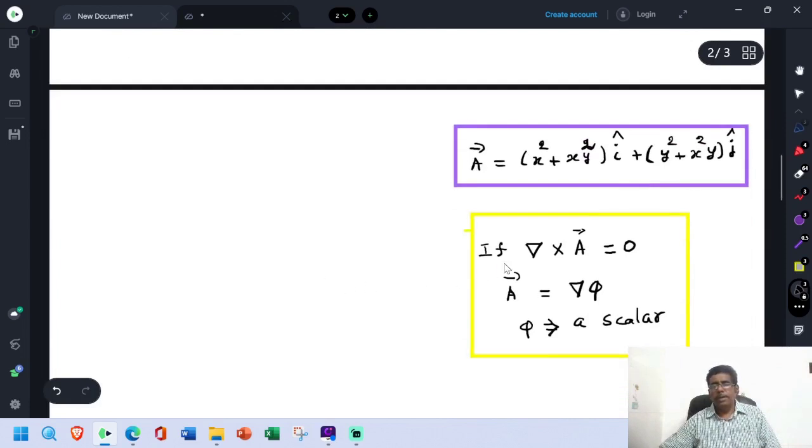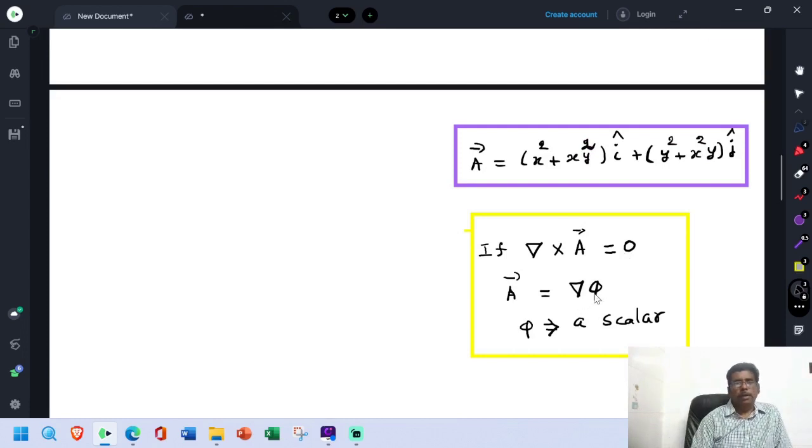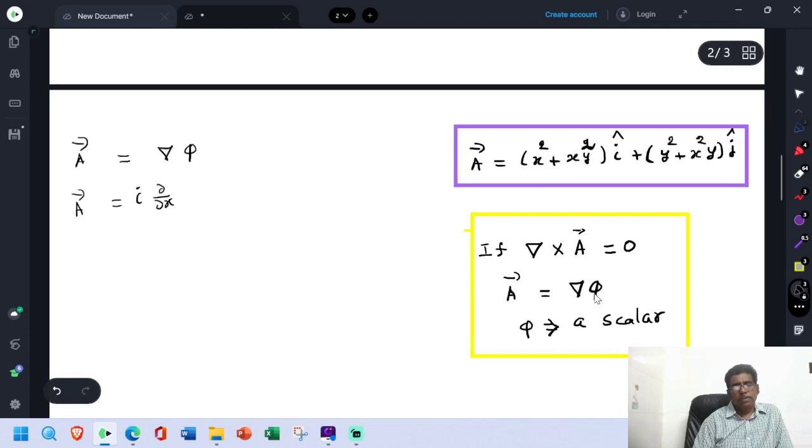According to the identity, if curl of a vector equal to 0, then the vector should equal gradient of a scalar function. Vector A should equal gradient of the scalar function pi. Then A vector should equal i into dou by dou x plus j into dou by dou y plus k into dou by dou z.